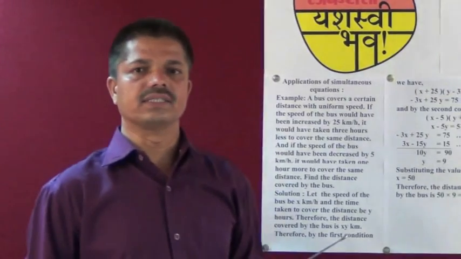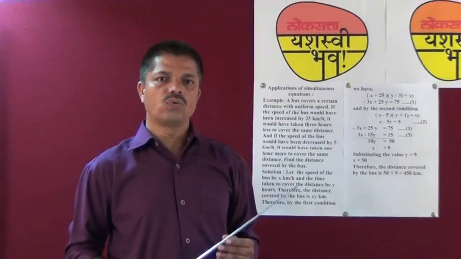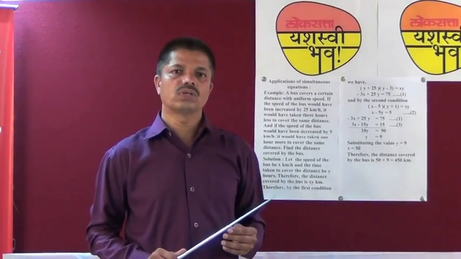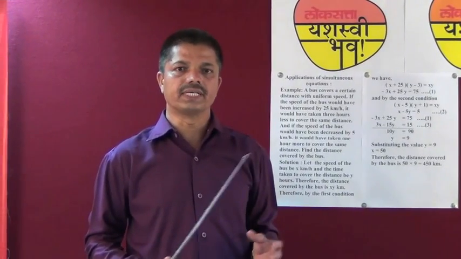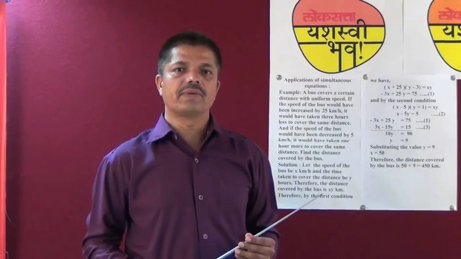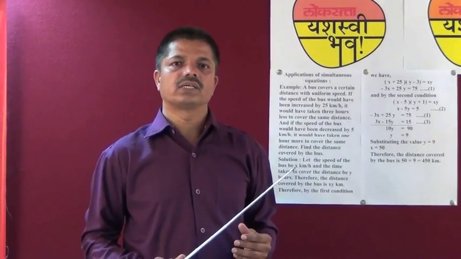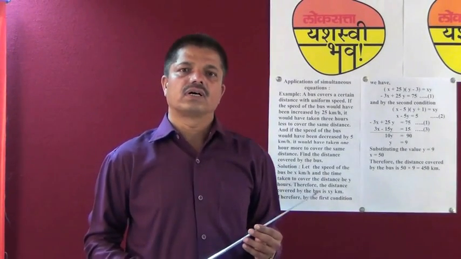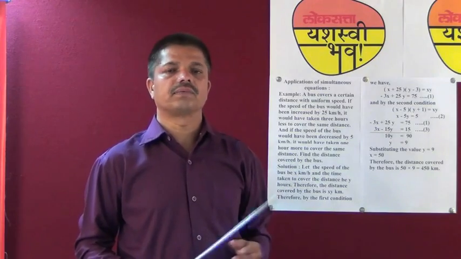Many students find this part a bit difficult because they are unable to frame the equations. So here are certain tips for you so that you can handle this part easily. Students, always read the whole word problem completely and then make parts of it so that you can express the given words in a mathematical form.